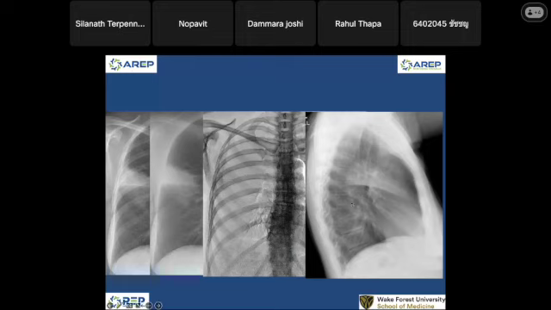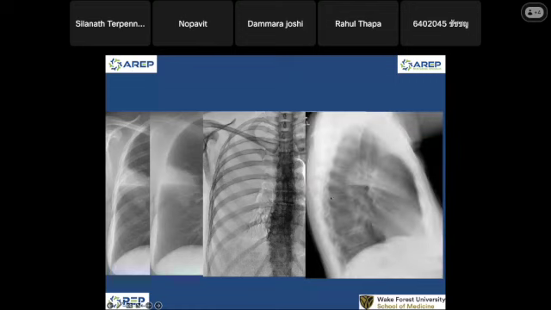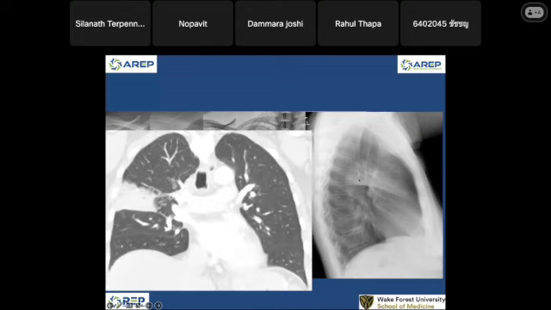So we are seeing here our minor fissure, and the whole thing has the opacity or consolidation. I'm fooling you because the extension of the upper lobe itself is not just that. On the lateral, you can see how far it can go. This is on CT.